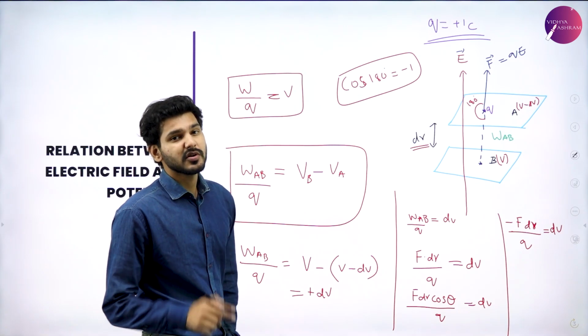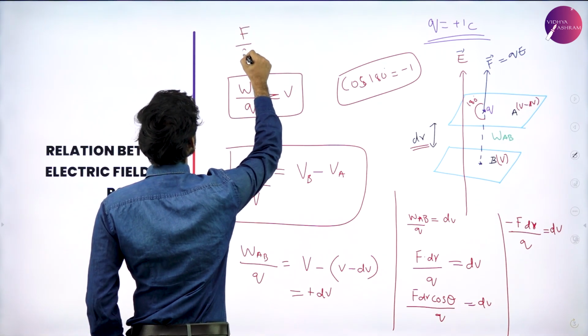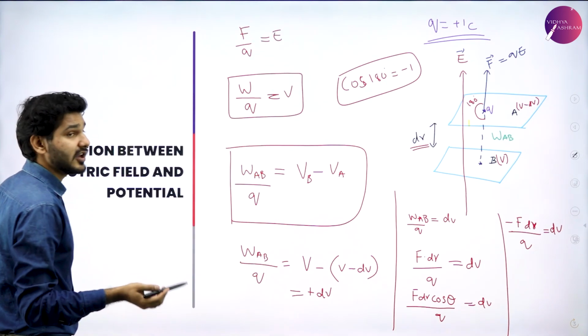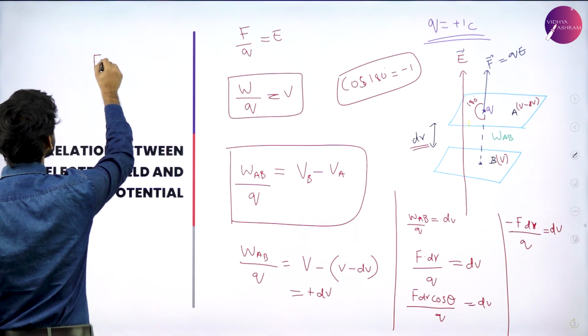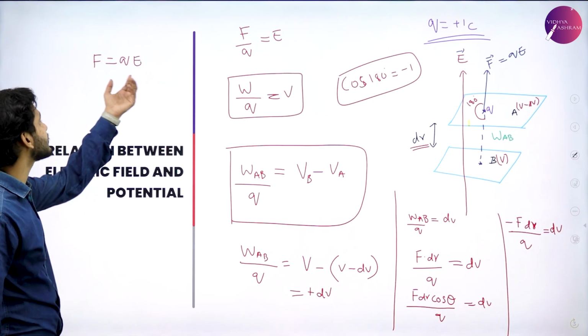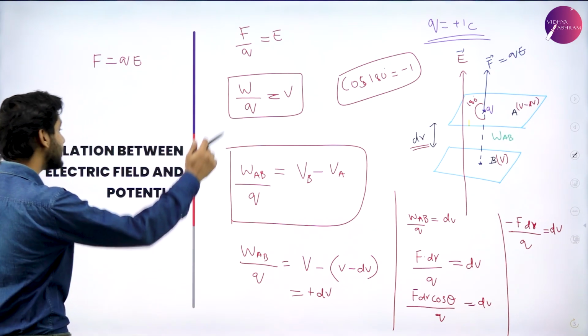Now we have to remember one more equation that states that F by Q is equal to E. Why? We already know that F is equal to QE. The force experienced will be equal to the magnitude of the charge and the magnitude of the electric field experienced at that particular point.